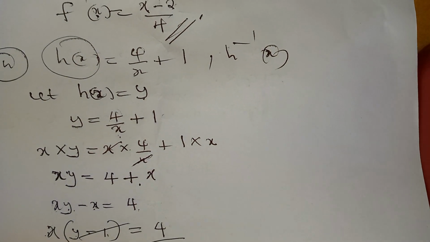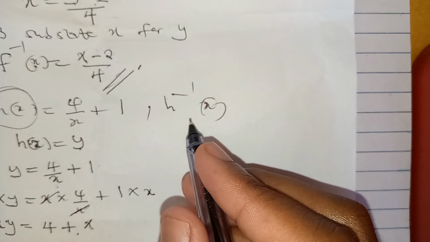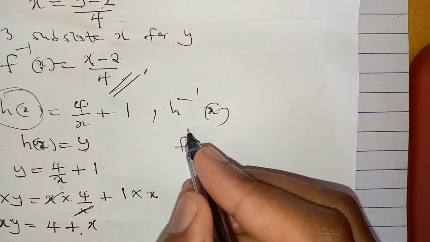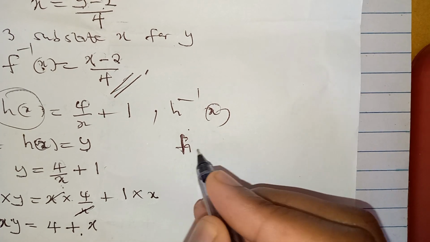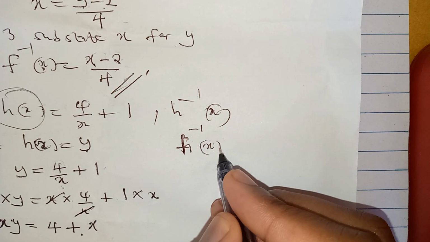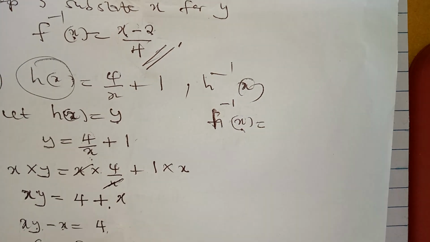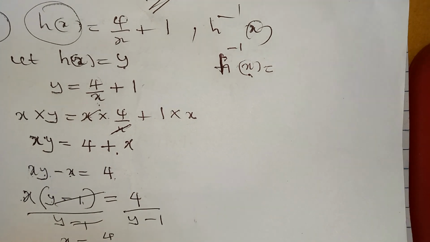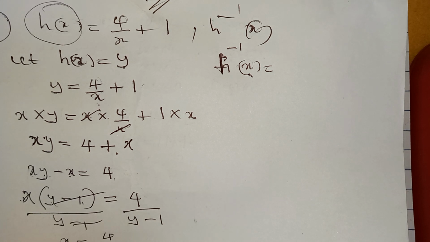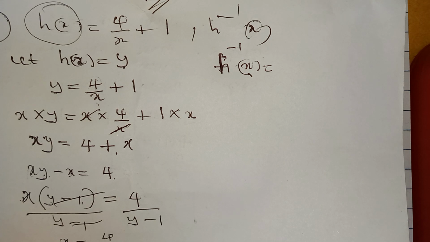Now the last step is you just say h inverse of x is going to be, since we are having x in the brackets there, that means where we have y, after making x the subject of the formula, we have to substitute x for y.